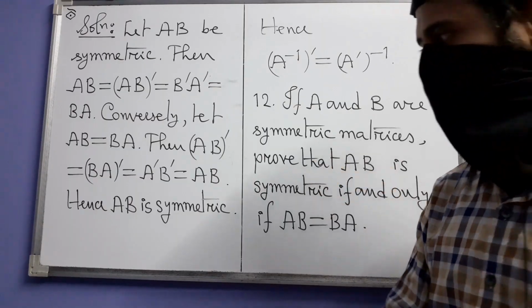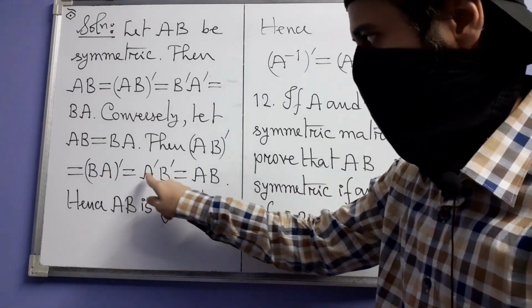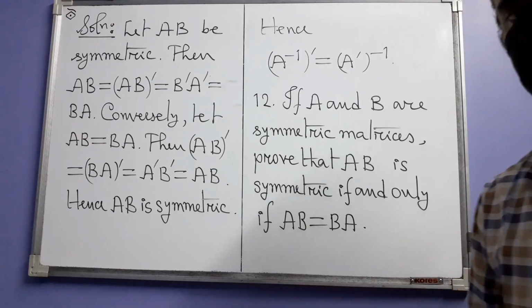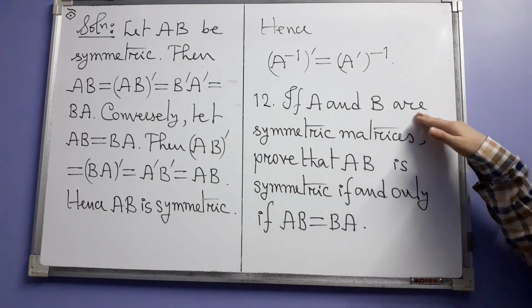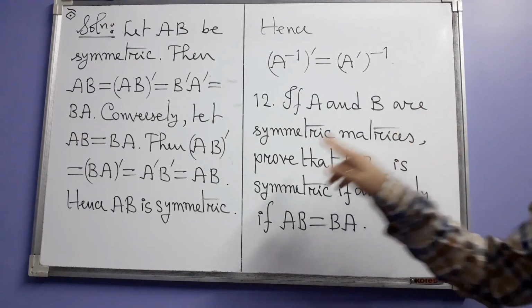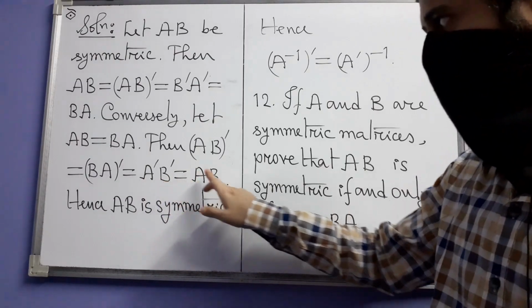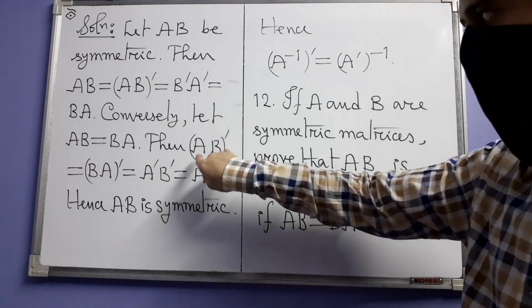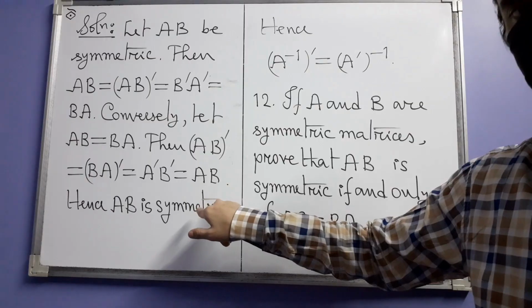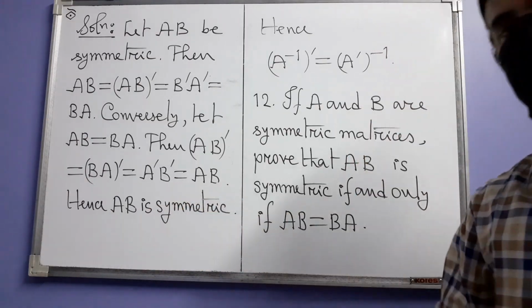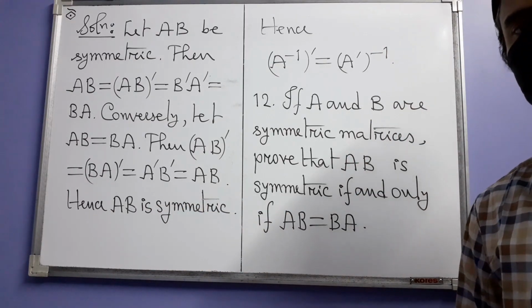So the order gets changed. Here we have BA, here we will have A transpose, B transpose. But then again you use the fact that A and B are symmetric. So A transpose is A and B transpose is B. So that way we see that the transpose of AB is equal to AB itself. That's why AB is symmetric. So that is the solution.